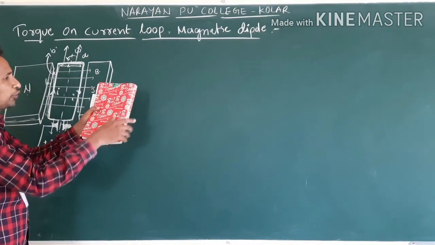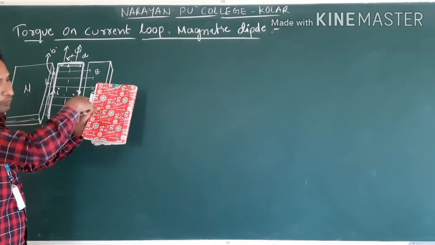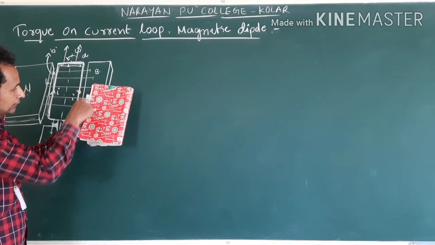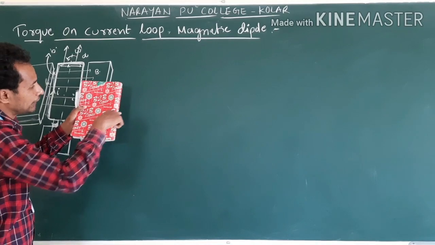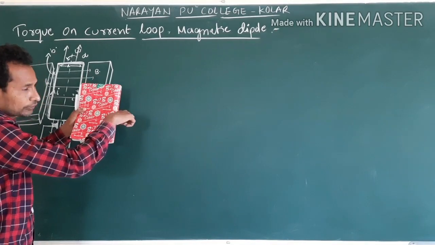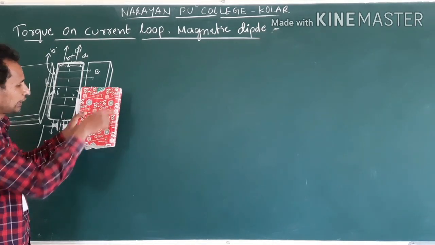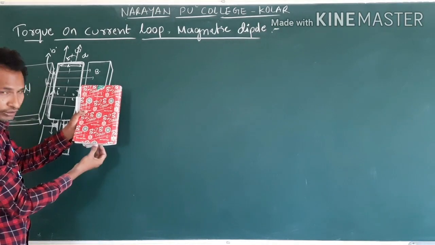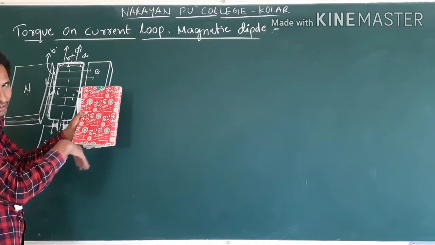For this length the force will act up, and for this length the force will act down. So the upward force and downward force will balance.